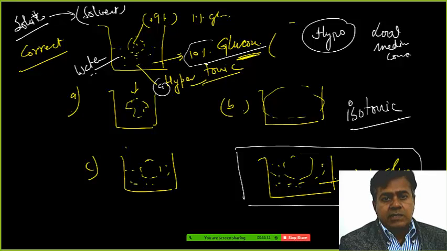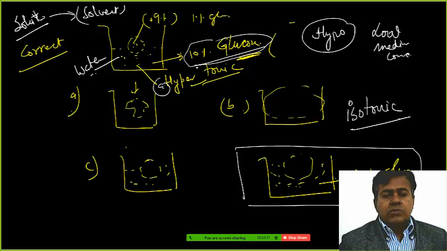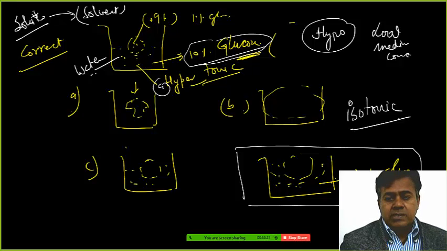Glucose. 10% glucose डाला तो this is hypertonic. 1% glucose if added, it becomes isotonic. And if this is less than 1%, then they can become hypotonic.